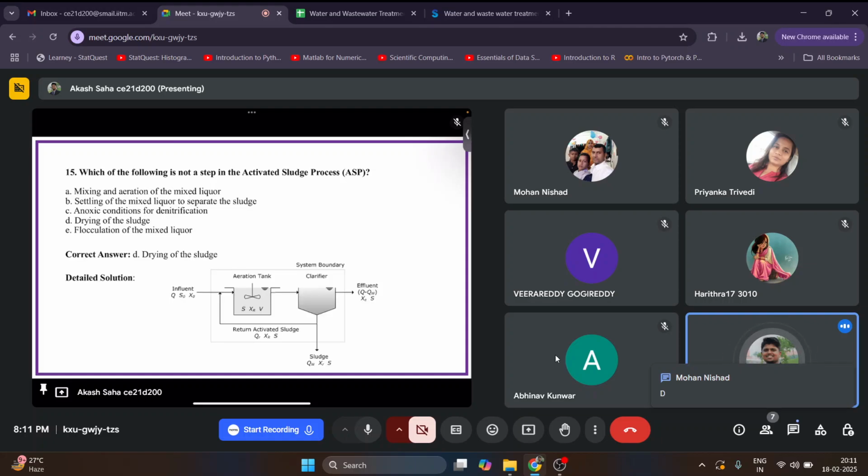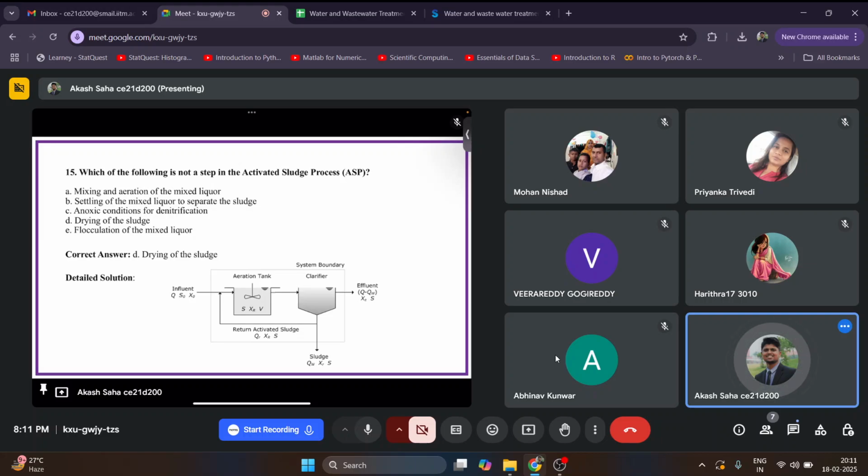So if you see, this is the basic flow chart of an ASP. We have the aeration tank where the mixing and aeration will happen. Then the clarifier where the settling will happen. And within the aeration tank, sometimes there will be a denitrification zone. So before that, we can have an anoxic condition where the denitrification will happen.